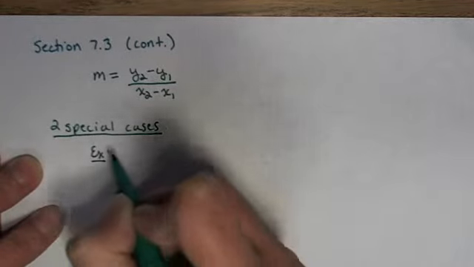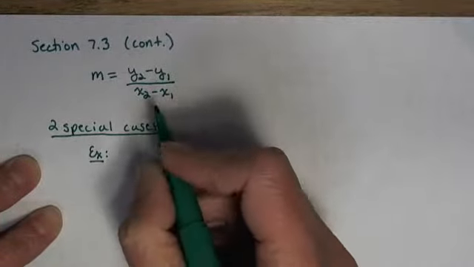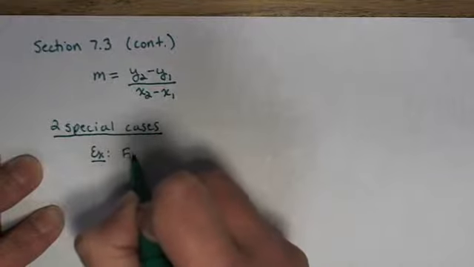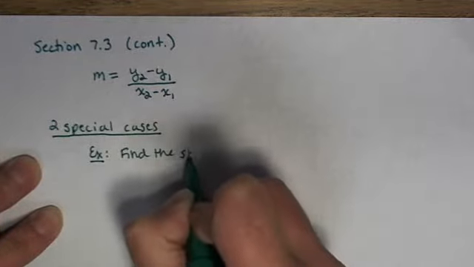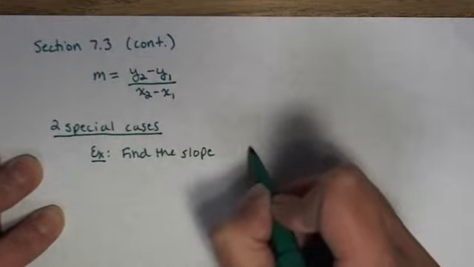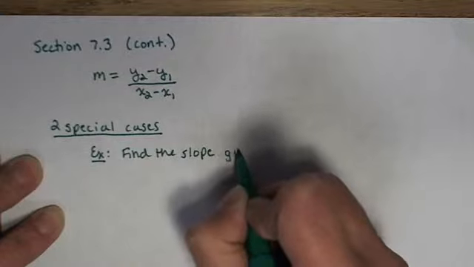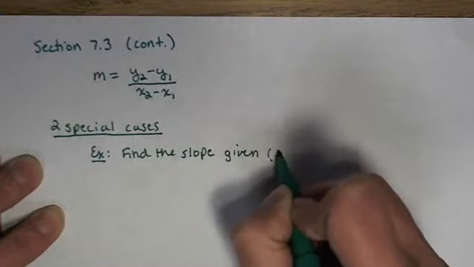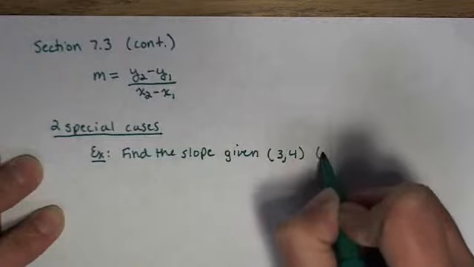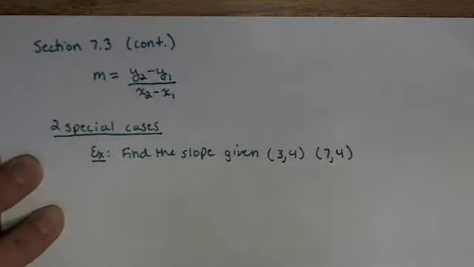Suppose I ask you to find the slope of the line through the points, given the points 3, 4 and 7, 4.